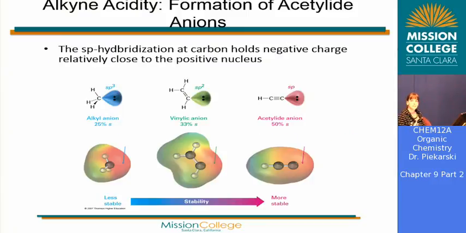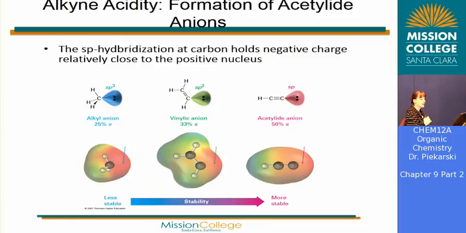Now I want to explain these structure-property relationships because many times students don't understand why the acetylide ion is made, and not, for example, an anion on a double bond or on an alkane. Why is the acetylene proton more acidic? The reason is that when we pull off these protons, I've drawn the anions here in your figure.